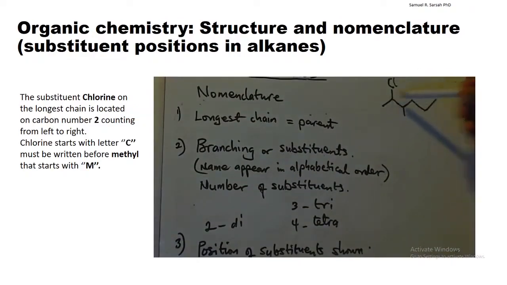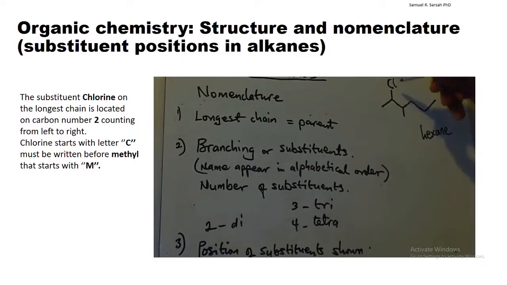Here's another structure. It's different from the previous one. Here we still have the longest chain as 1, 2, 3, 4, 5, 6, hexane. However, on carbon number 2 we have chlorine, and on carbon number 3 we have a methyl group.